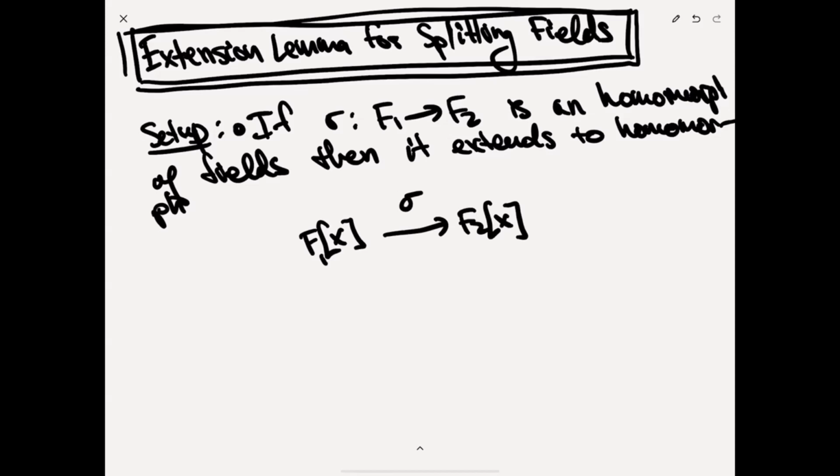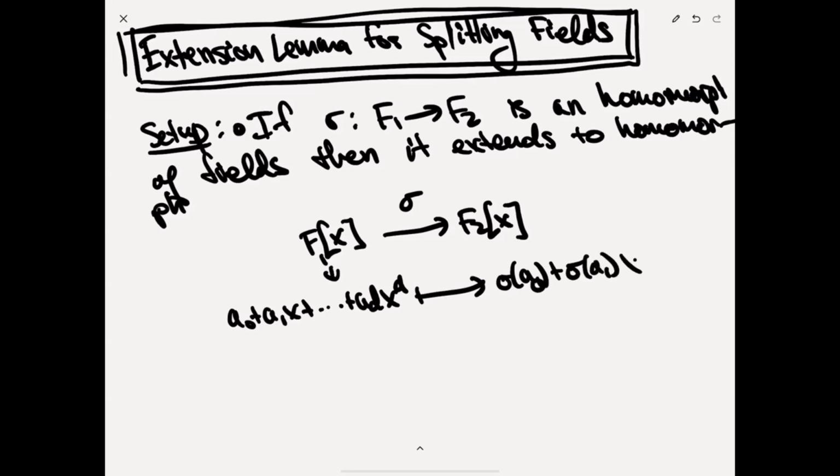Okay? So in particular, here what we'll do is we take a polynomial a0 plus a1x plus ... plus adx to the d, and this polynomial maps to sigma of a0 plus sigma of a1x plus dot dot dot plus sigma of adx to the d.